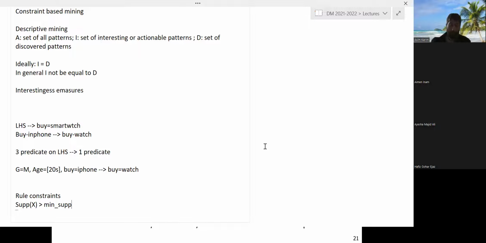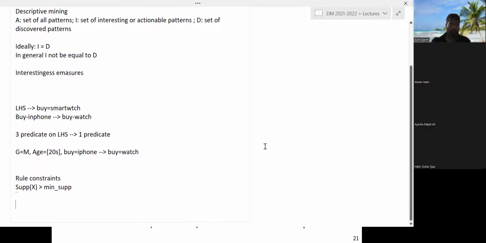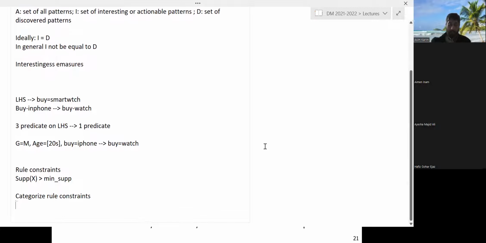Okay? So now we would like to categorize rule constraints. Let's first categorize them, and we will then define their importance. Generally, we have categories of rule constraints.